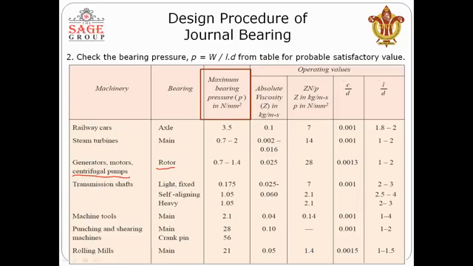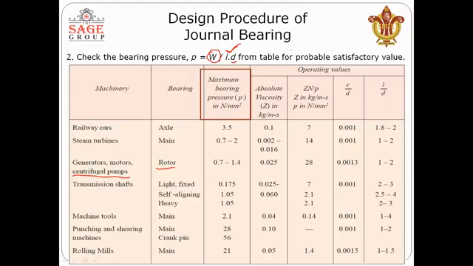I said in the starting that we should know the bearing load, that is W, and the journal diameter D. So here we know W and D. From the L upon D ratio we have selected, we will identify the value of L. We already know the diameter of the bearing, and W we know. So W divided by L into D, from here we will obtain the pressure.